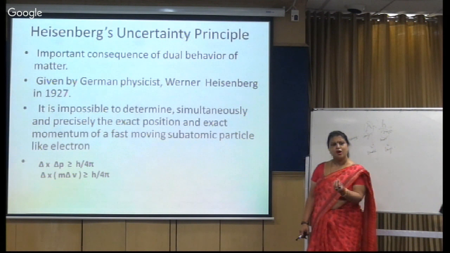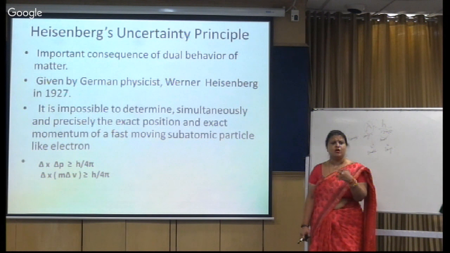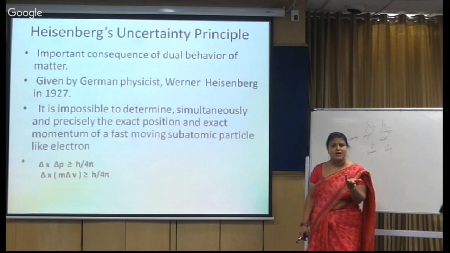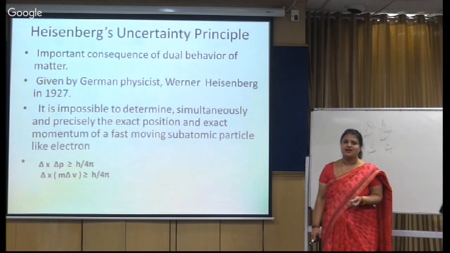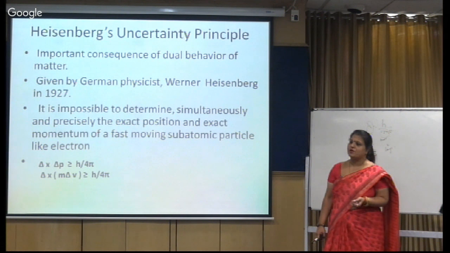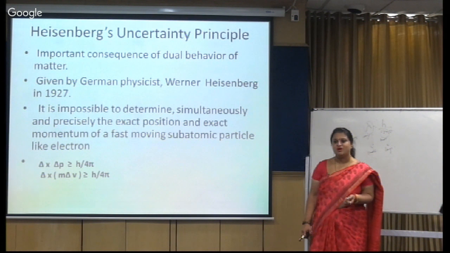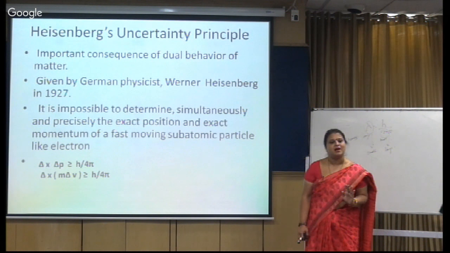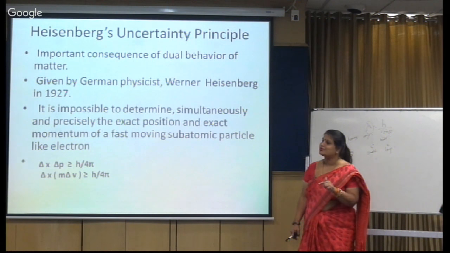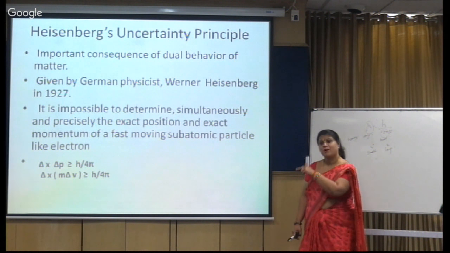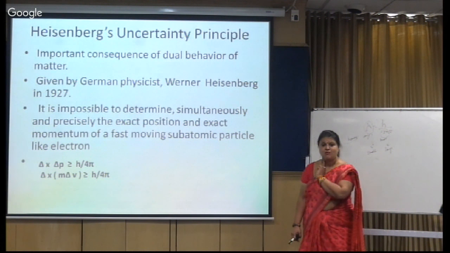The size of the object is very small, the mass being of the order of 10 to the power minus 31 kg. It is a very, very small particle which cannot be observed by naked eye. It is a microscopic object, and hence to find out the position of that microscopic object, the light falling on it should have a wavelength comparable to the size of that object. So the wavelength again will be very, very small.